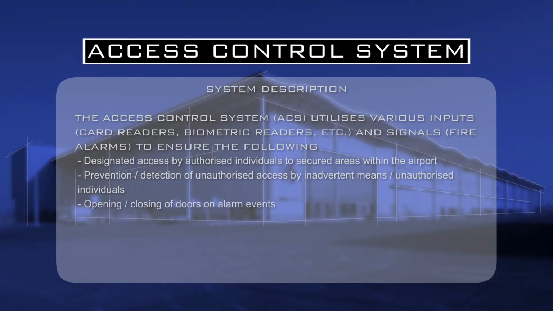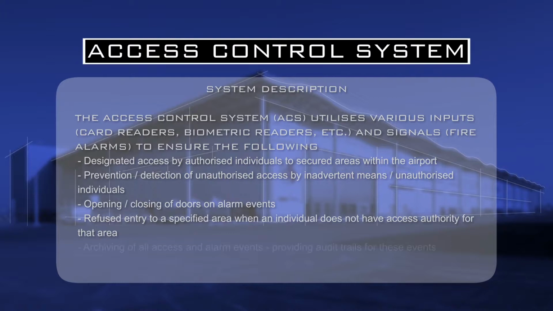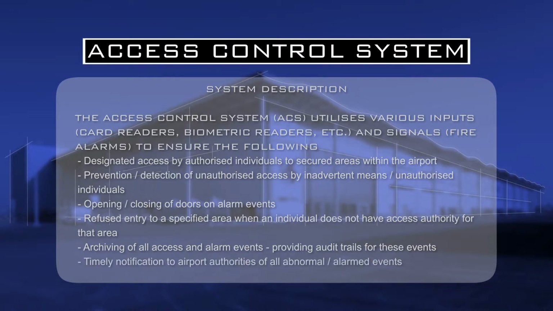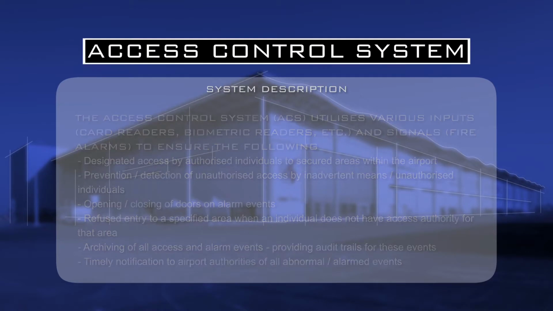It also ensures doors open and close during alarm events. The system also refuses entry to a specified area when an individual does not have access authority for it. It archives all access and alarm events, providing an audit trail, and notifies airport authorities of abnormal or alarmed events.